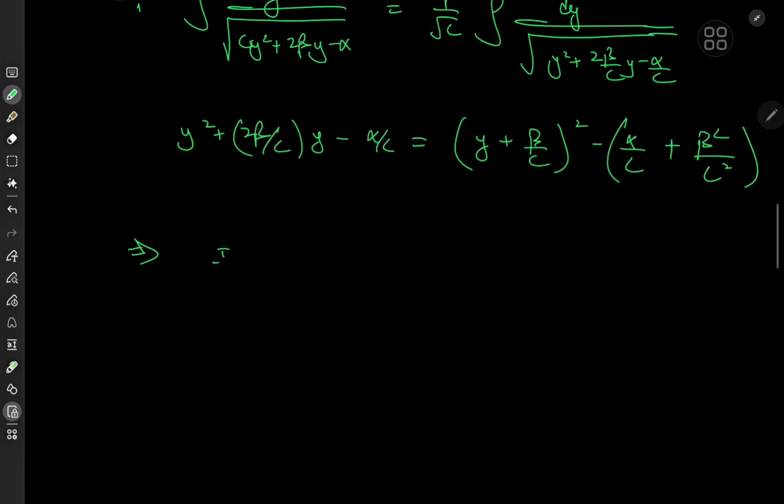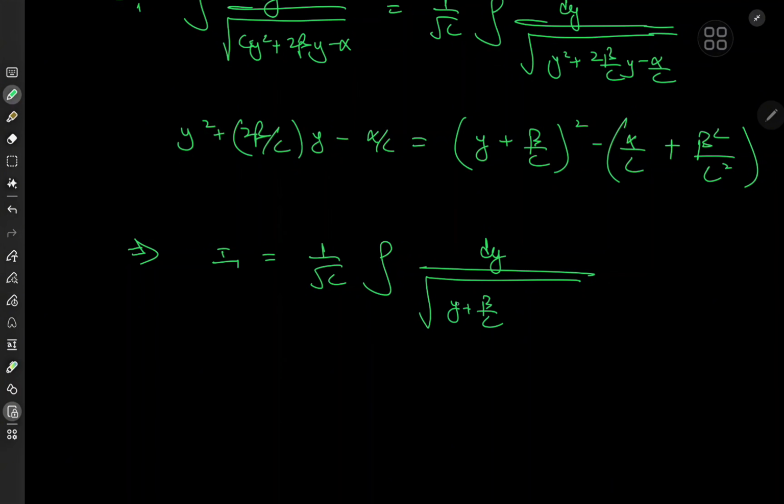And this implies that I sub 1 is now equal to 1 over root c times the integral of dy over root y plus beta over c, the whole thing squared, minus this thing over here, which is alpha over c plus beta squared over c squared, which I could simplify, but I'll save that for later.